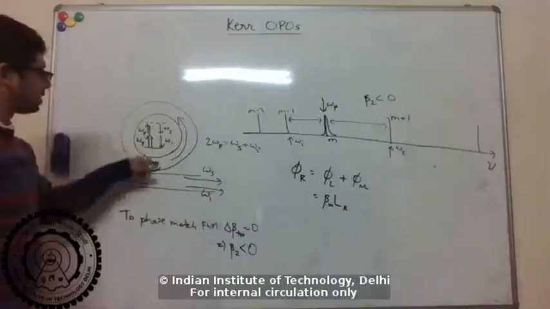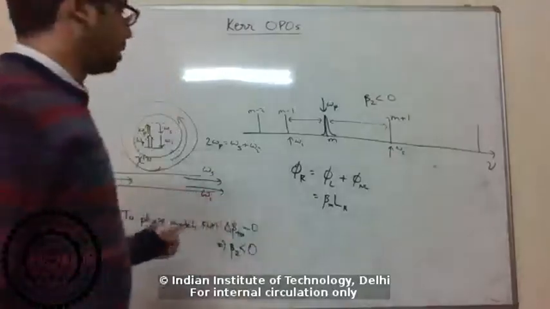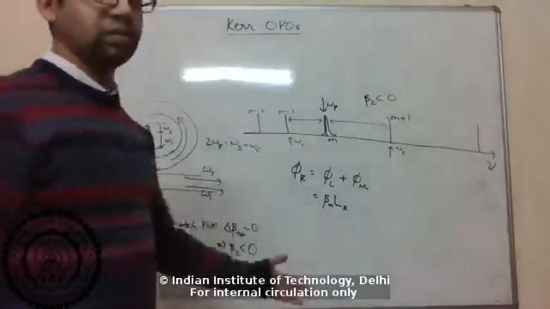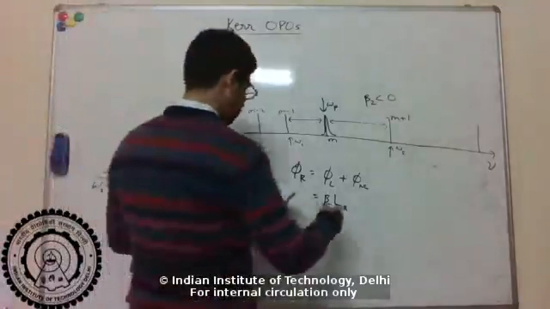Because of the nonlinear refractive index, it undergoes self-phase modulation, right? So we saw that an intense field can induce a phase shift on itself proportional to its intensity. That's the self-phase modulation.